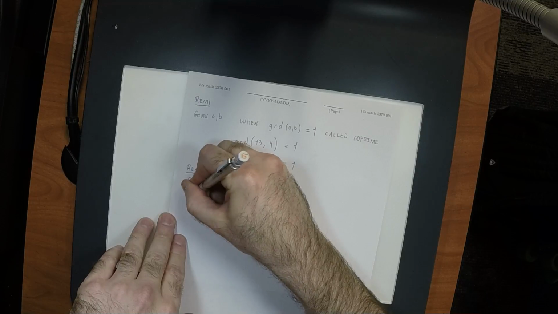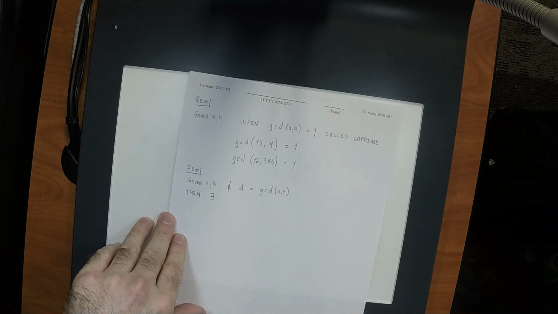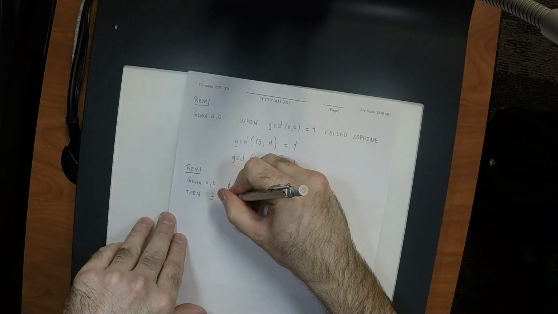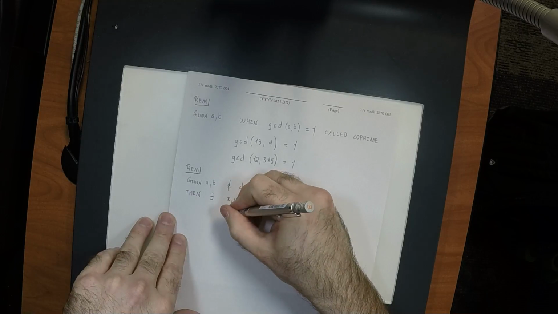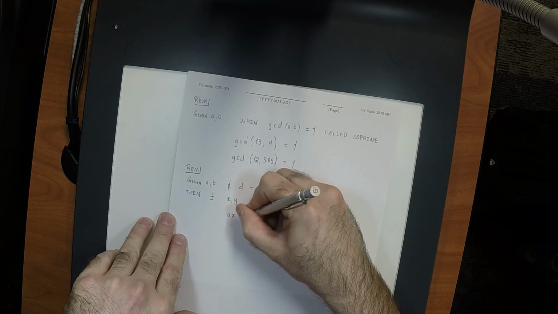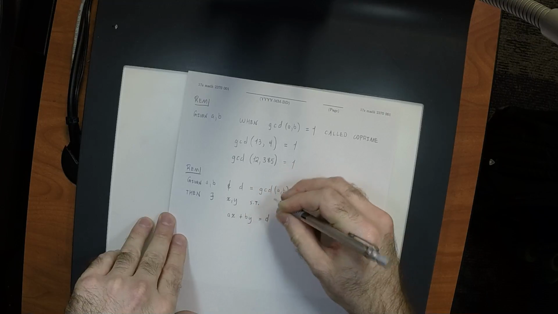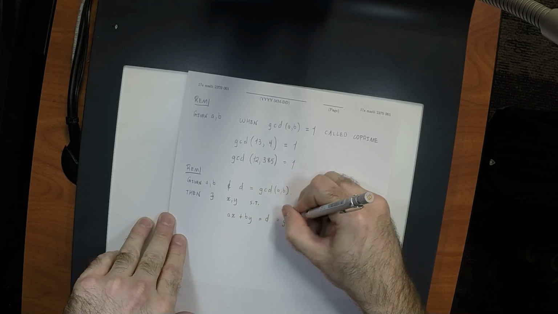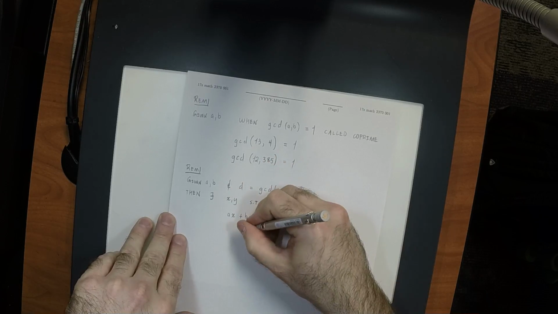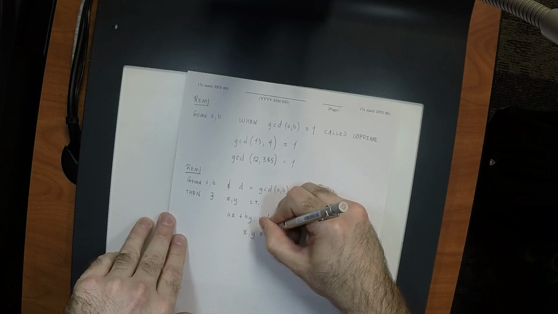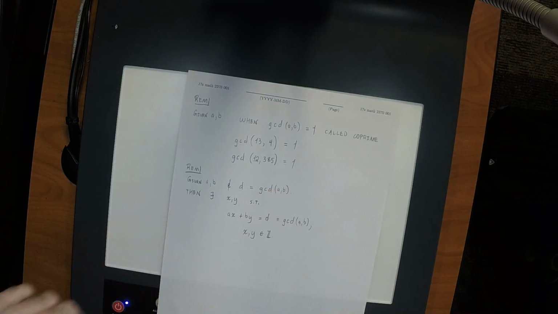Then there exists, but not unique, there exists X and Y such that ax plus by is d, which is the GCD of a and b. And these x and y are in the integers. Which is to say that the greatest common divisor is an integer linear combination of the individual items.